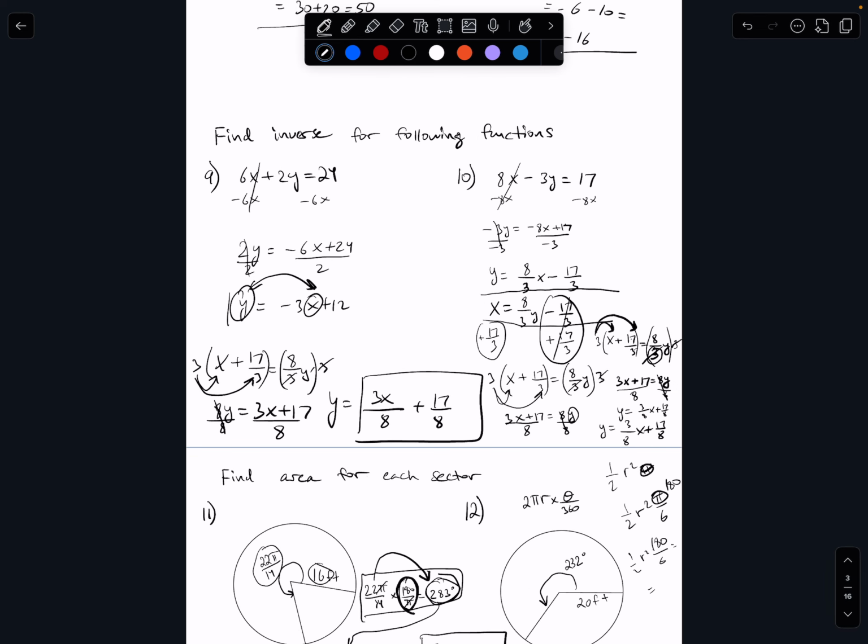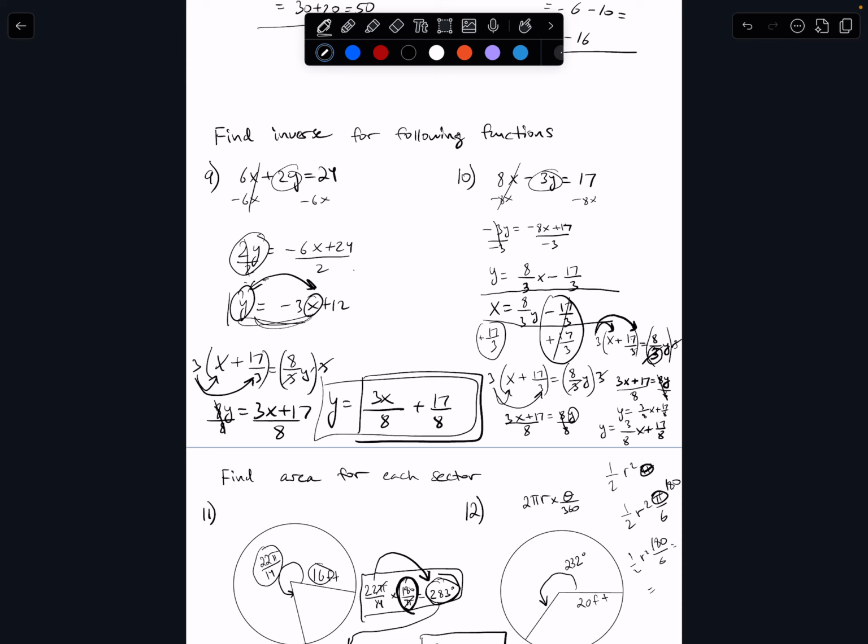For 9, 10, we have inverse functions. I'll give you a few equations. First things first, you have to solve for y, so isolate the y. After you isolate the y, you will flip the x and y, you'll do the inverse, and then you'll solve for y.